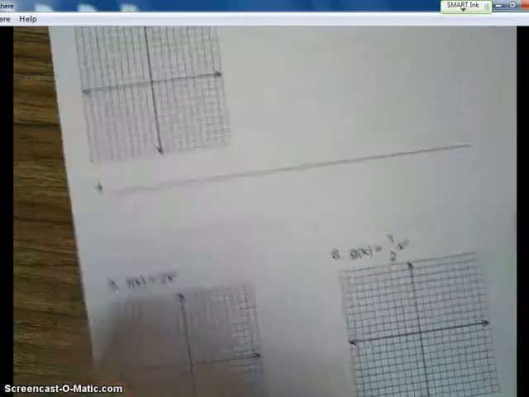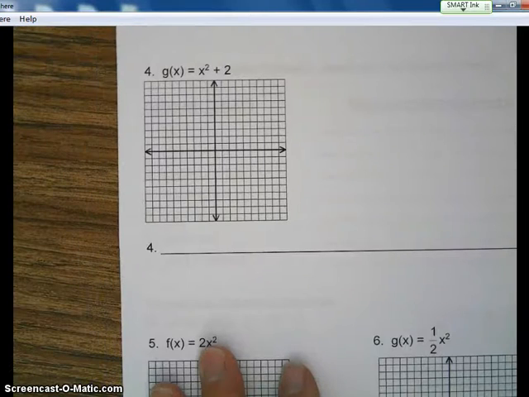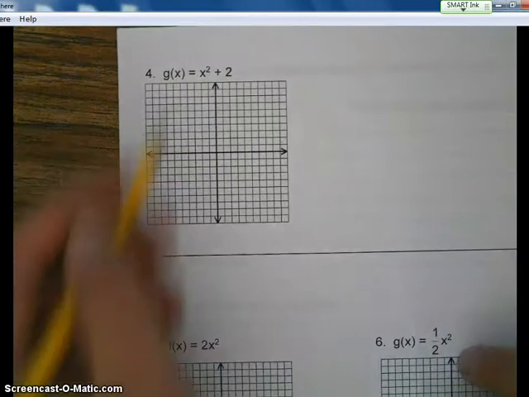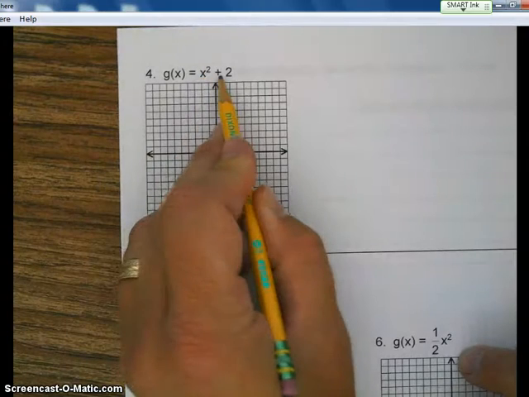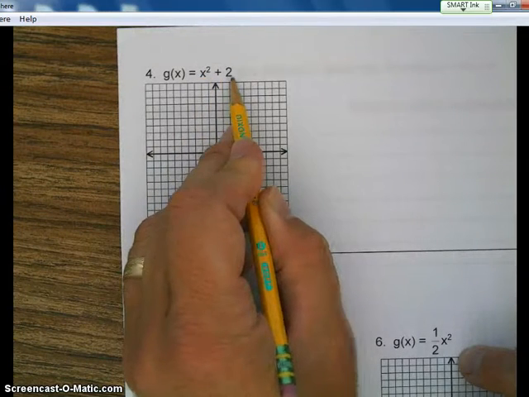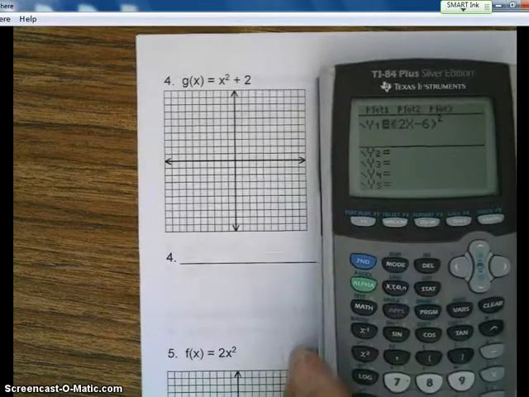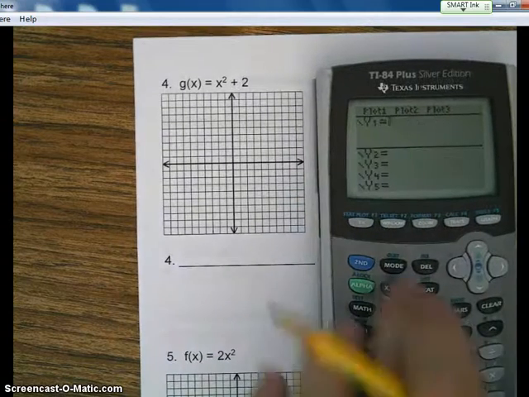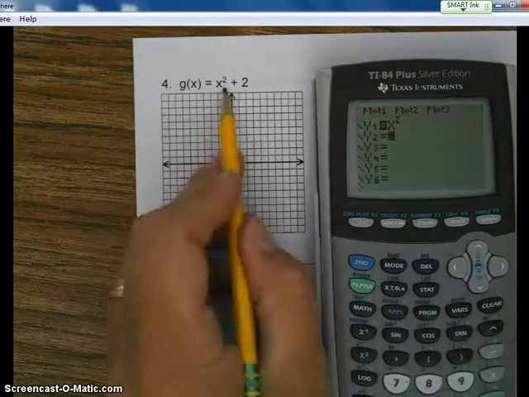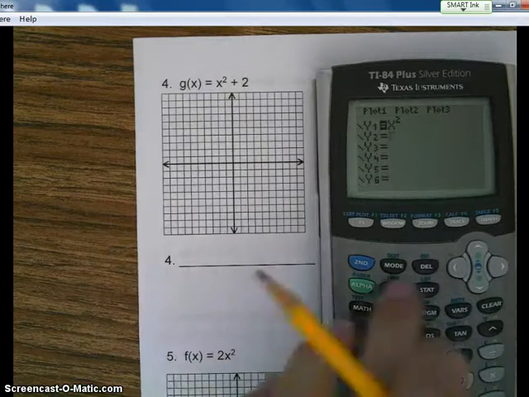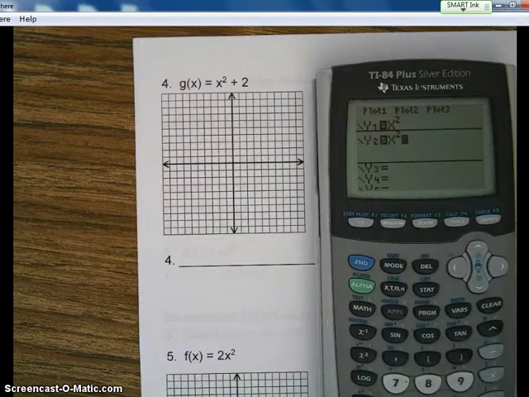All right, so here we go. Here we have the parent, and we're adding 2 to the parent. So again, if we plug that into our calculator, you may want to put the parent in and then put in the transformed equation. That might help you, so you don't have to turn back and forth.